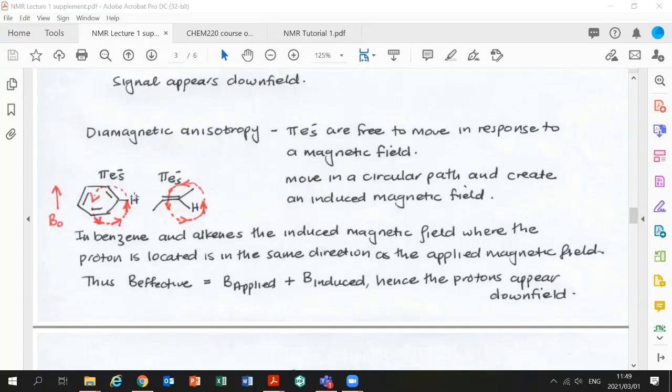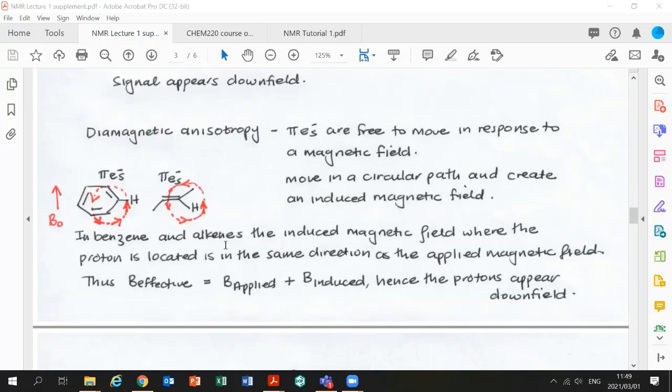If I look at where the proton is located, the induced magnetic field caused by the 6 pi electrons in benzene is aligned with the applied magnetic field. The same thing here in an alkene: where this proton is located, it is aligned with the magnetic field.